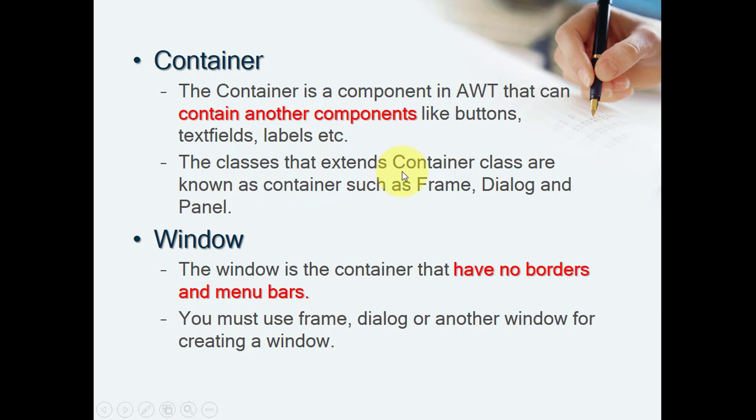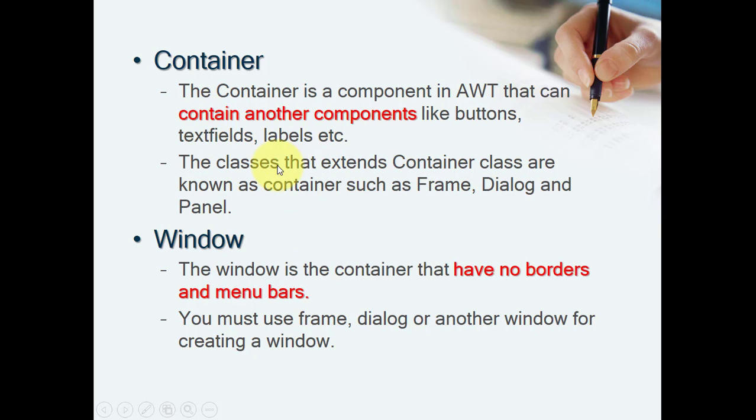The classes that extend the container class are known as containers, such as frame, dialog and panel. That means frame is a class available in Java which is extended from the container. Okay, so container is your superclass and frame is your subclass. Like that, same again for a dialog class and same for a panel class.